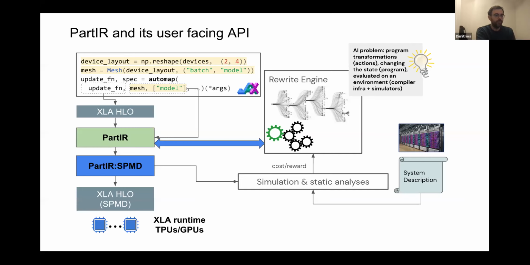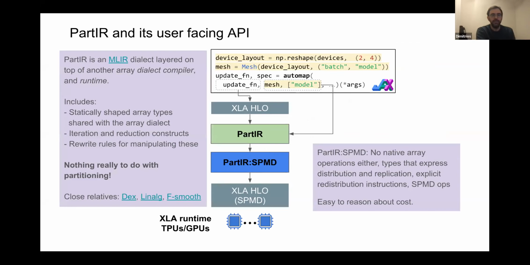Now I'm going to tell you a little bit more about what PartIR and PartIR SPMD are. What exactly are these languages? On the left, PartIR is an MLIR dialect. MLIR, for those who do not know about it, is a compiler framework allowing multiple languages, called dialects in that terminology, to be defined in terms of their semantics and their verification, and coexist in the same compiler framework.